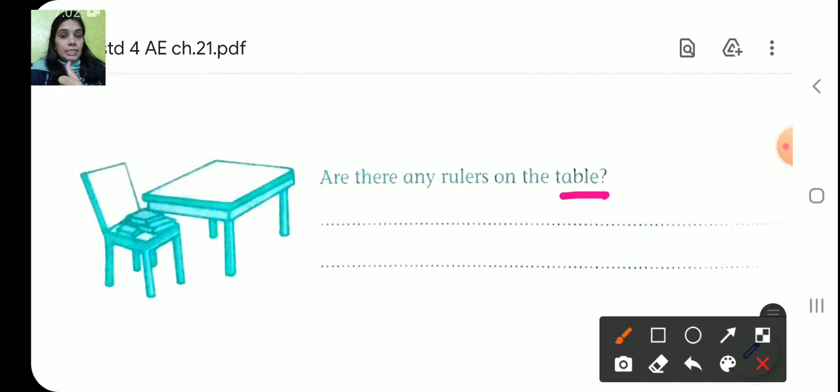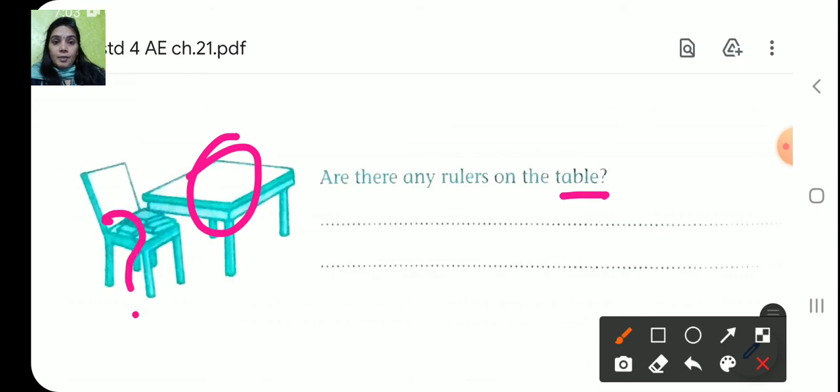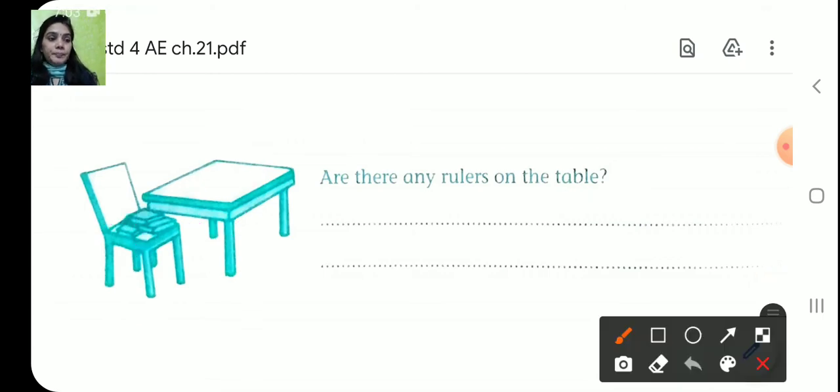There aren't any rulers on the table. Nothing is there. So what will you write? There aren't any rulers on the table, but what is there on the chair? What can you see here? Some books, but there are some books on the chair. So what will you write as the answer?